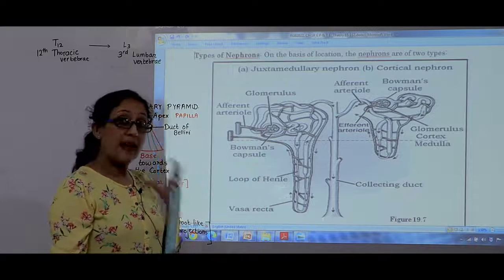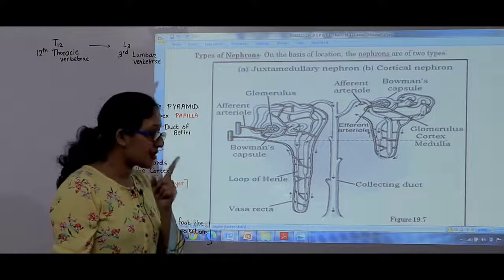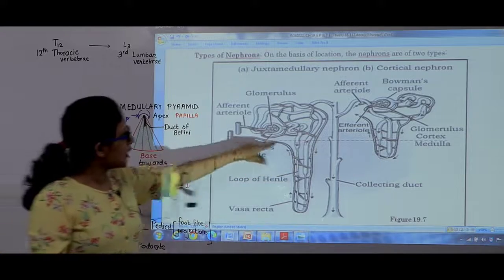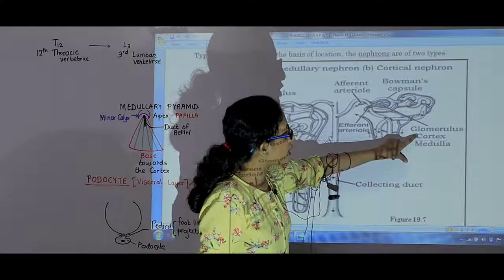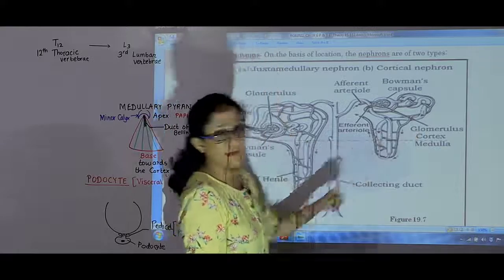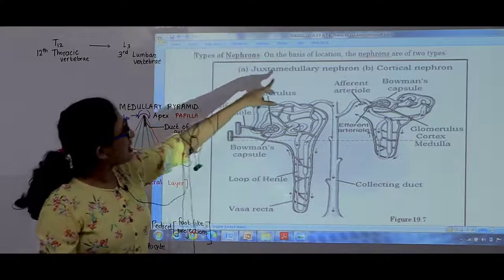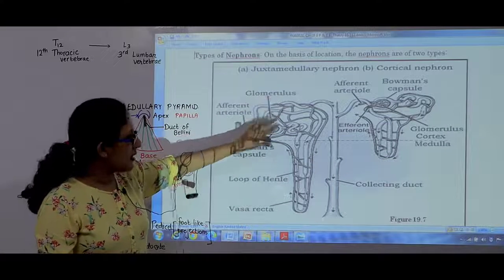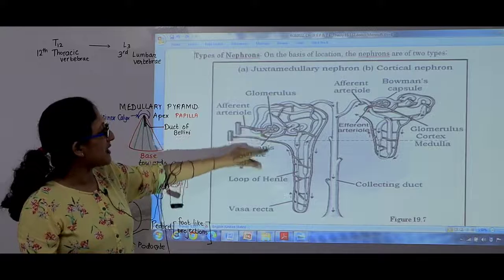Now, look at even the Malpighian corpuscle, the positions are not the same. Can you see this dotted line? This dotted line stands for the junction of the cortex and the medulla. Look at the juxtamedullary nephrons. Can you see Bowman's capsule is more towards the junction of cortex and medulla?